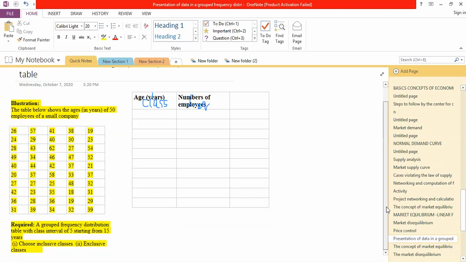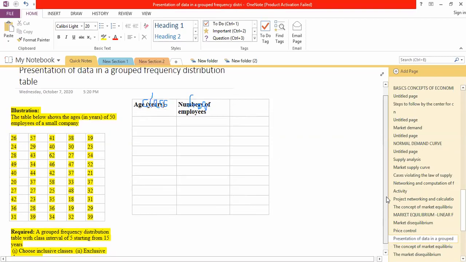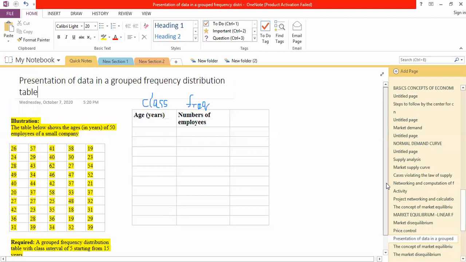And I've asked, first choice, you choose the inclusive classes. Second choice, you go for the exclusive classes. You're starting from the age of 15, sorry, maintaining an interval of 5 in between the lower value and the upper value that you'll have in each and every class. So how do we do this?